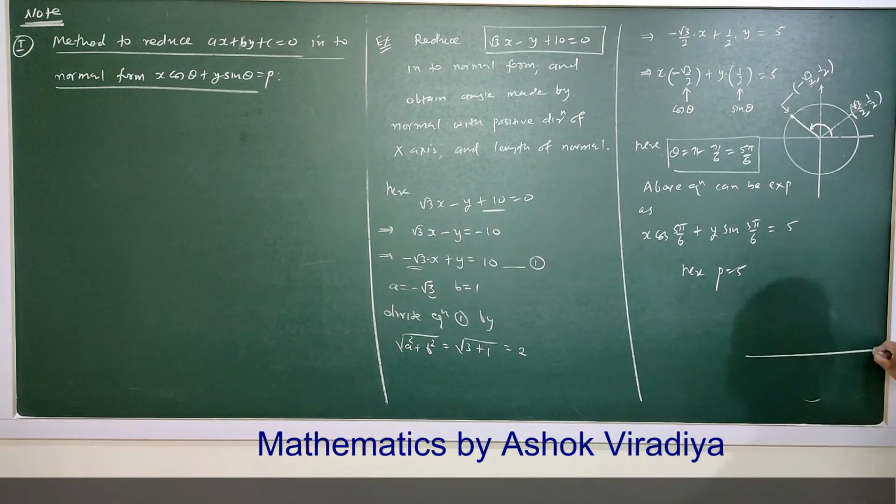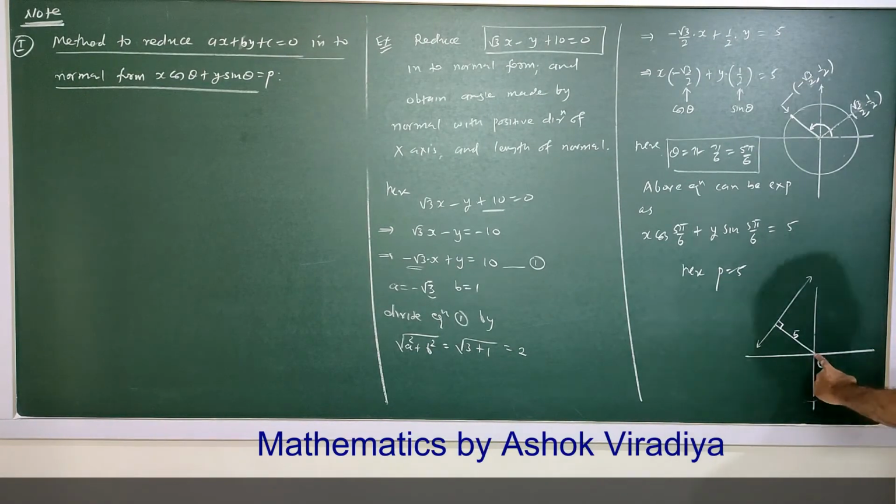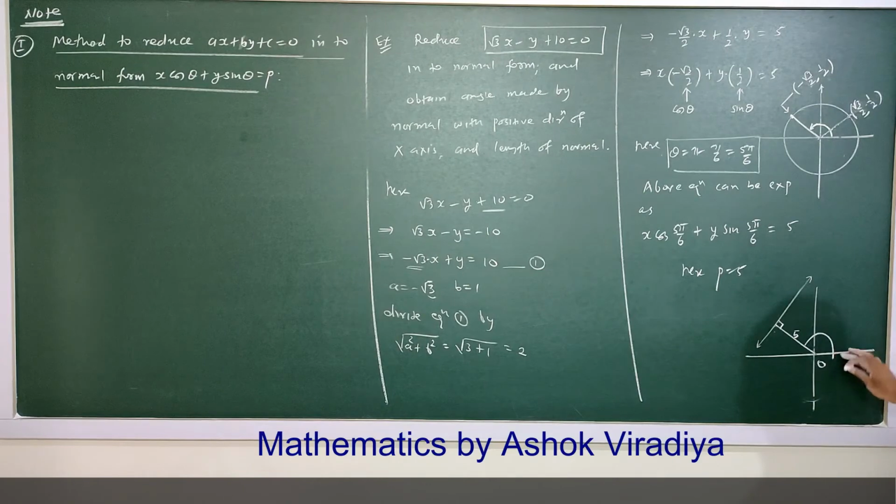The line may be something like this, and this will be the normal somewhere. This distance will be 5. From the origin to the line, the perpendicular distance is 5, and the normal will make angle 5 pi by 6.